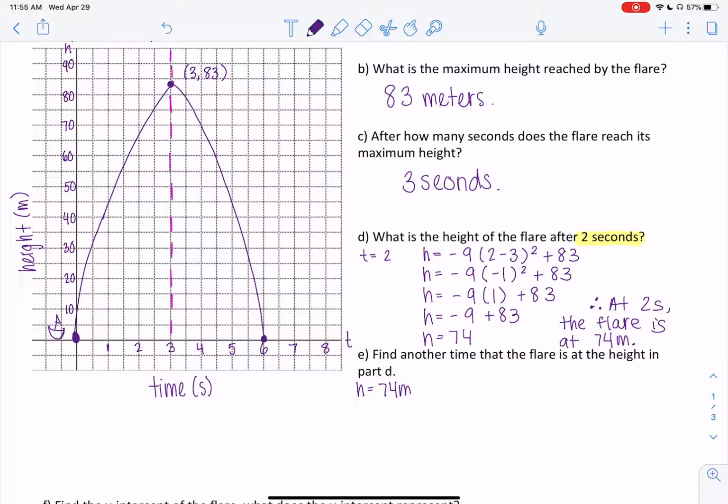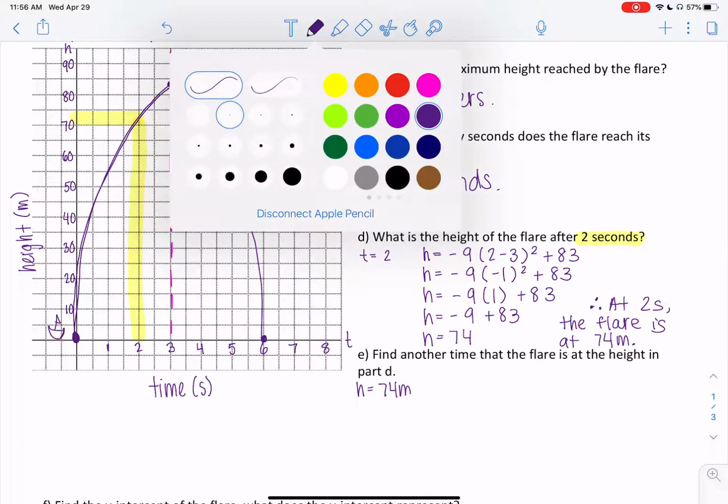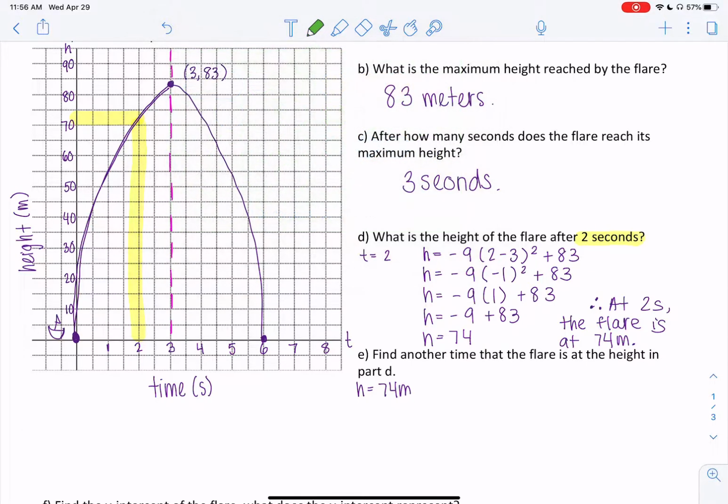Actually, maybe I'll just make my graph a little bit wider to represent where it's really supposed to be. There we go, that's a little bit better. So at 2 seconds, it's at 74 meters. And sometimes when you're drawing sketches, it really does make a difference how you draw it. So sometimes you do have to fix your graph if you realize you drew it a little off.